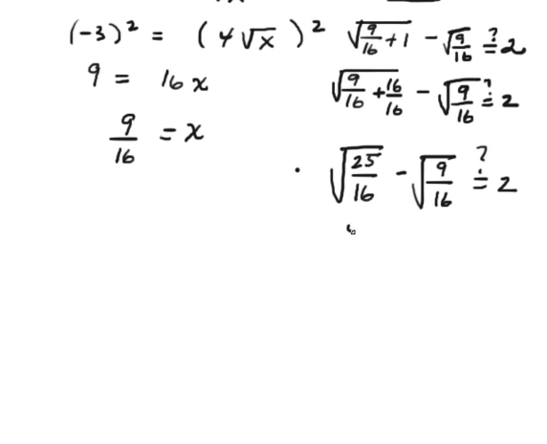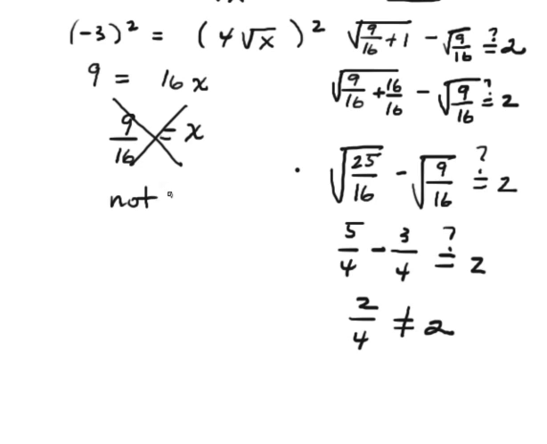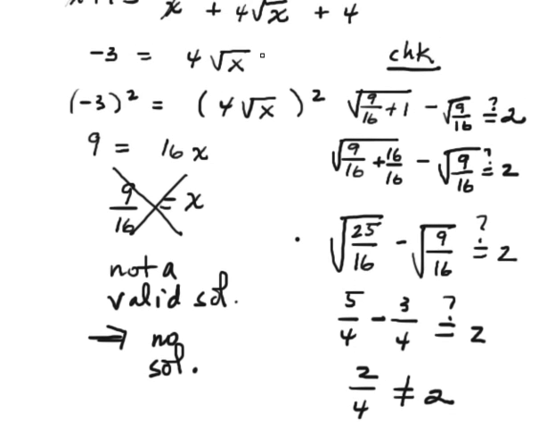So here we have 5 over 4, and here we're subtracting, taking the square root top and bottom, 3 over 4. We have 2 over 4, and that's not equal to 2. So that tells us that x equals 9 over 16 is not a valid solution. So that means we have no solution in this case. Now that's not surprising because look back at this step. We had a radical equal to a negative number. So we could anticipate that this would lead to no solution.